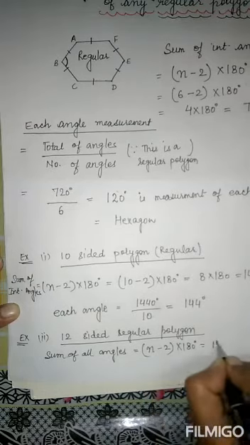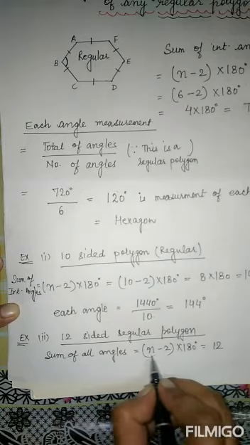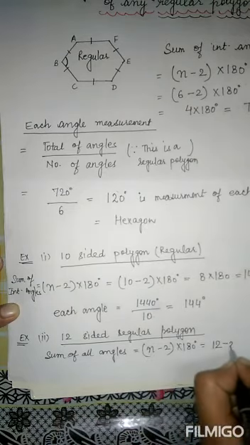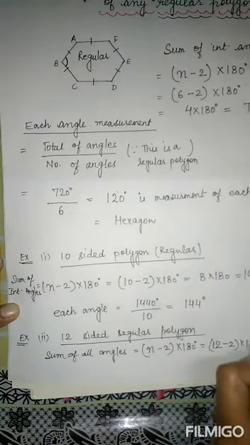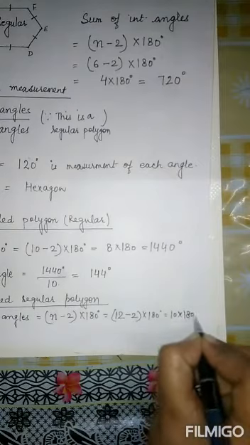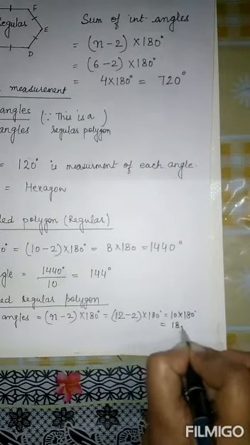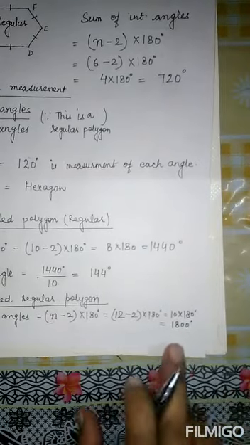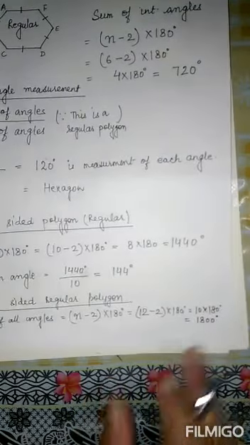The number of sides is 12, 12 minus 2, that is 10, multiplied by 180 degrees, we will get 1800 degrees. This is the total sum of all angles.